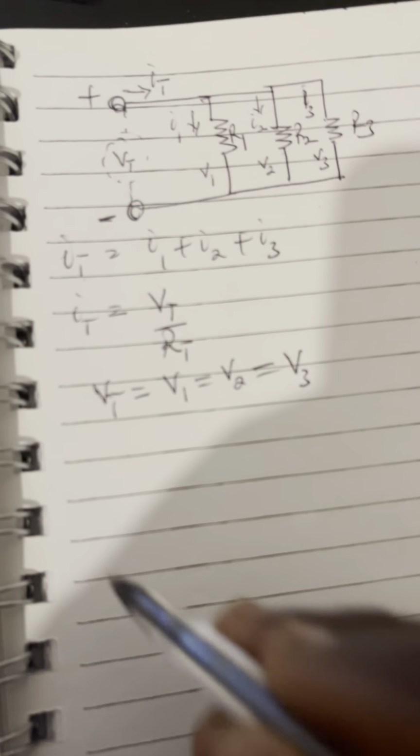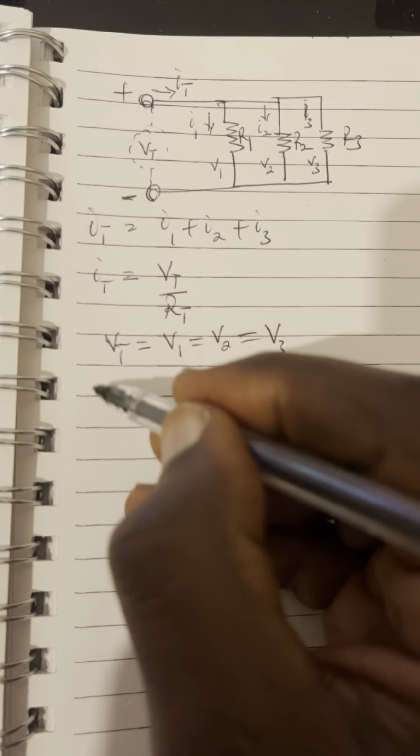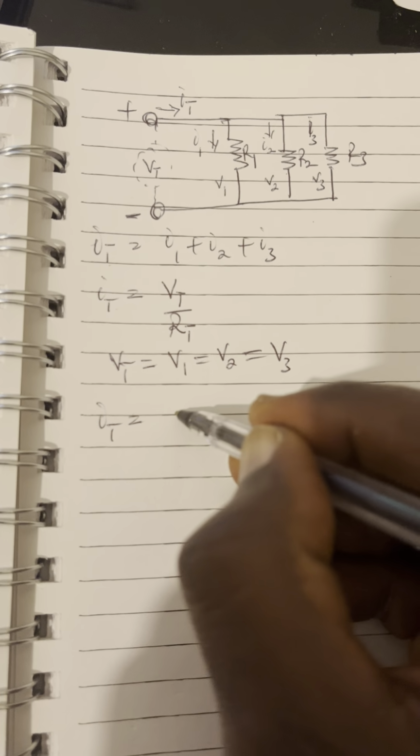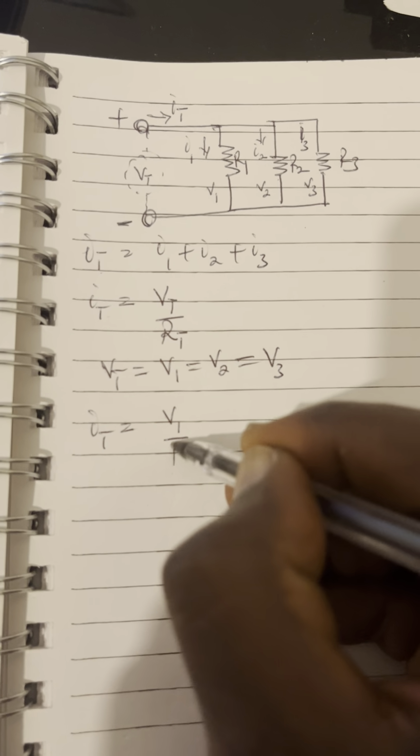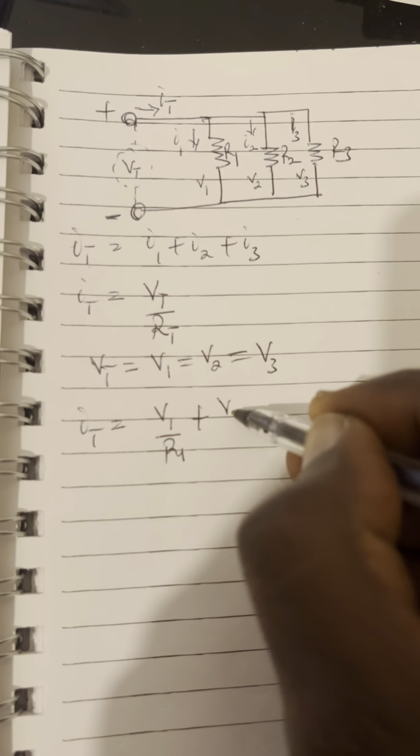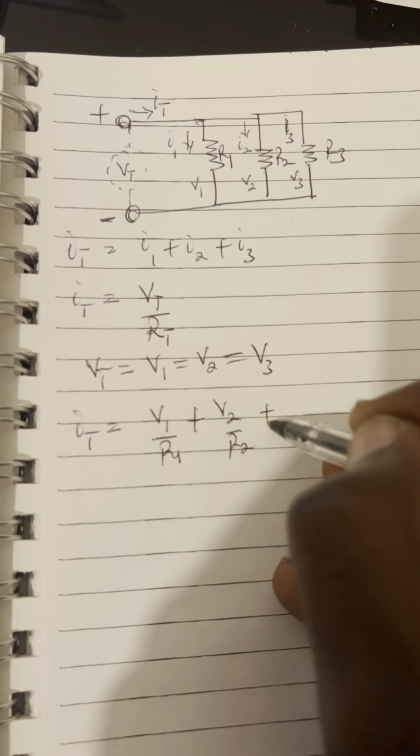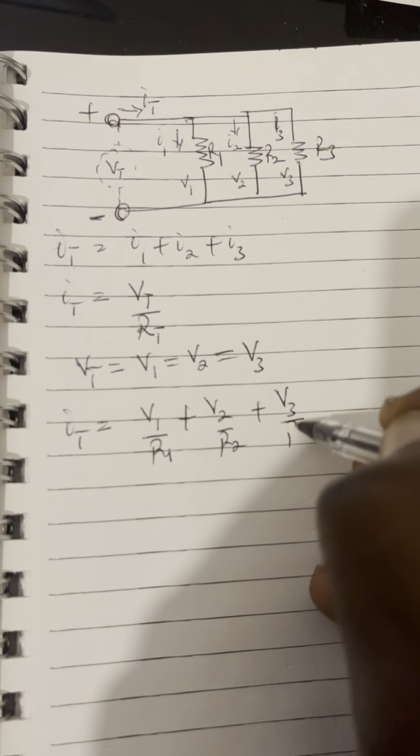So by implication, if we do this, we will have I total equals V1 over R1 plus V2 over R2 plus V3 over R3.